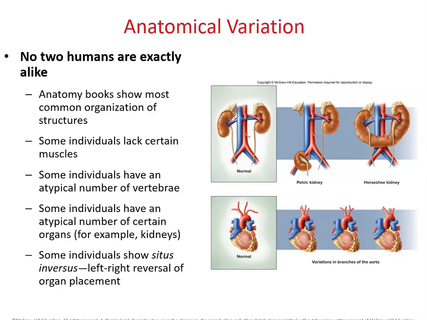Okay, so one thing that has a lot of variation is human kidneys. So normally we have two human kidneys. They are located pretty high up in the abdominal cavity, kind of underneath, below the rib cage. It's not uncommon, though, for one kidney to be much lower in the pelvic region than the other.